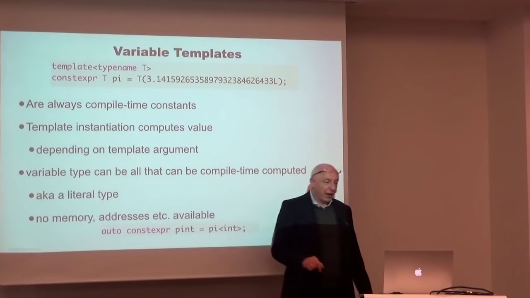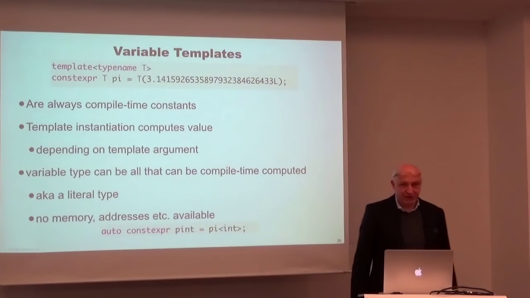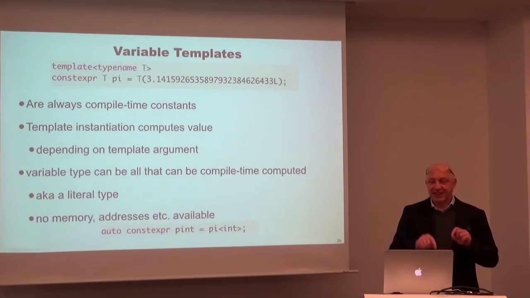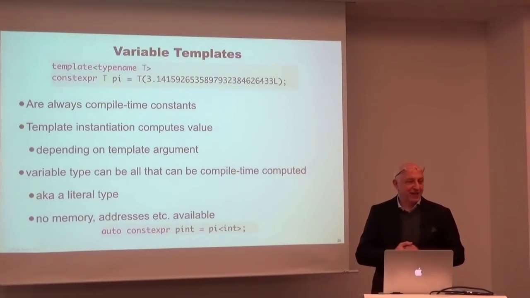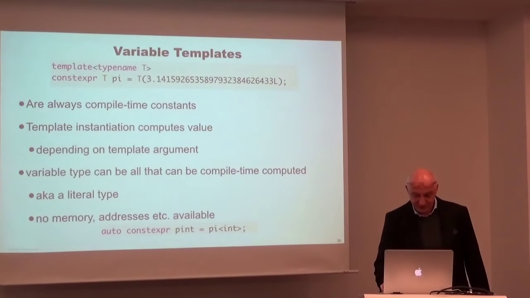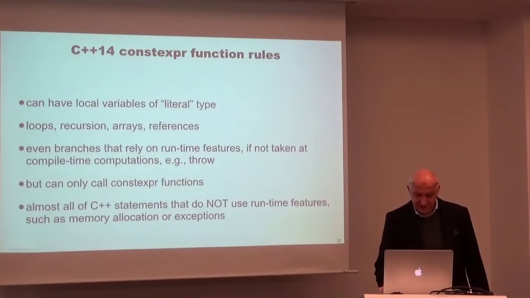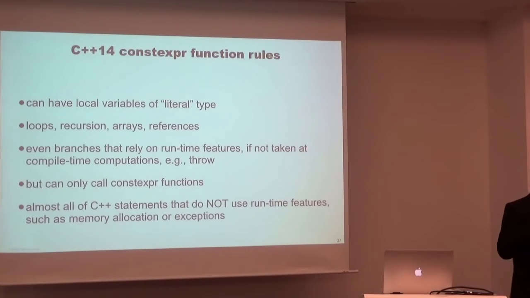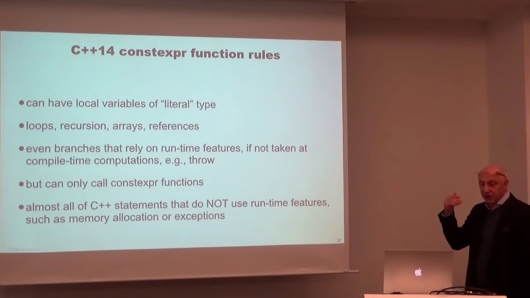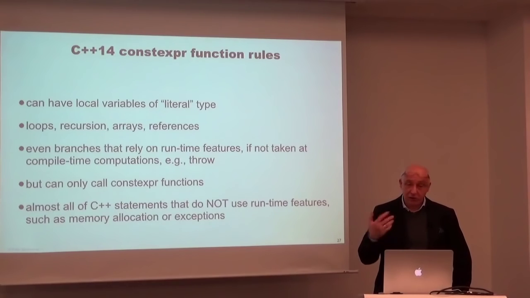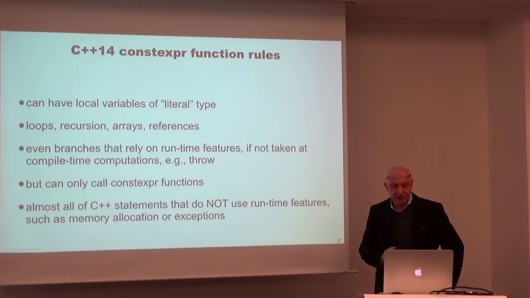And whenever you do compile time computation in C++14, auto constexpr should be on your, let's say, auto expansion key in your IDE. C++14 constexpr functions are much more relaxed. You can have local variables of literal type, which were verboten in C++11.